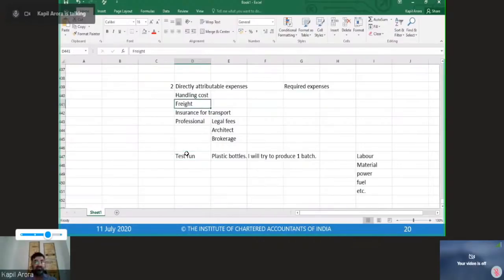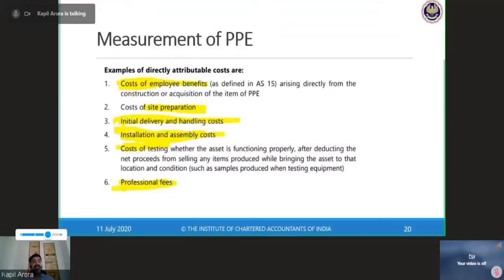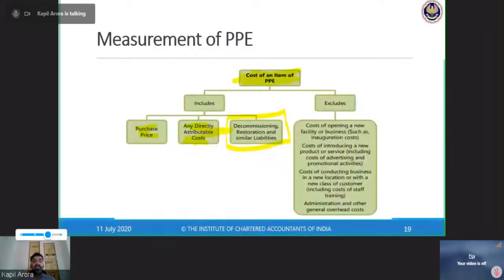So we have seen what all cost could be directly attributable cost. At last, we were talking about our third item.